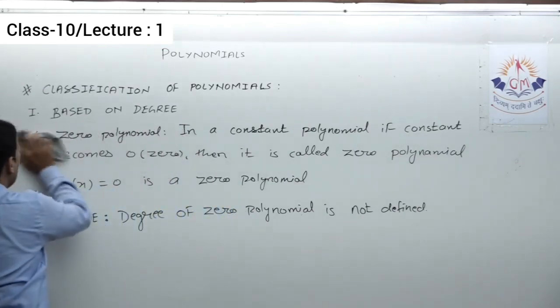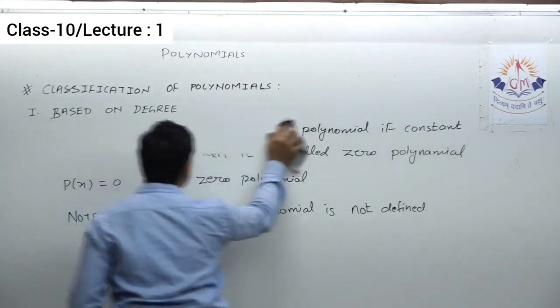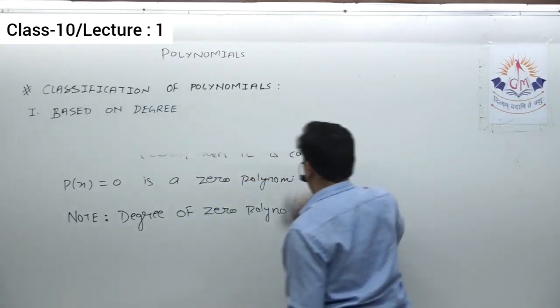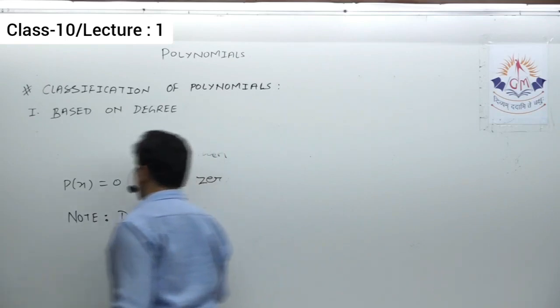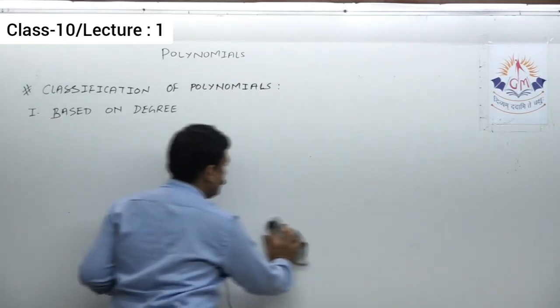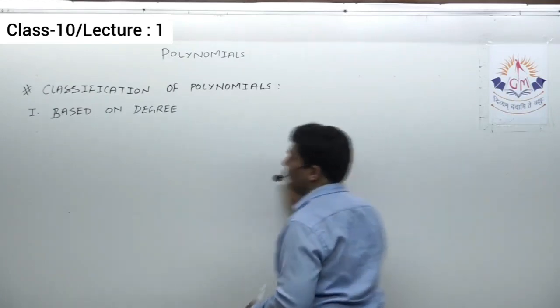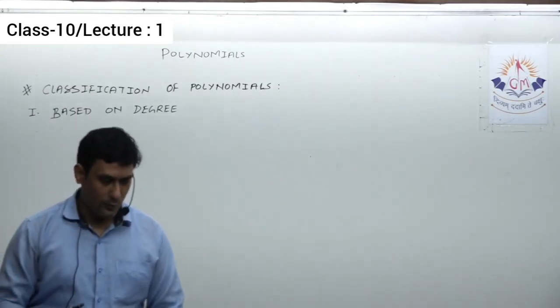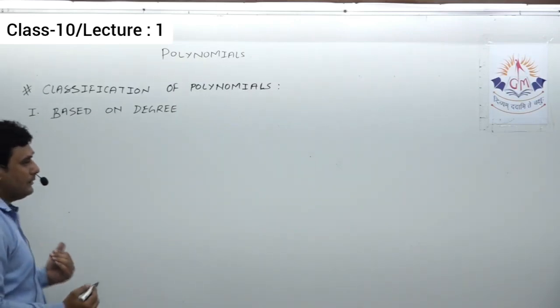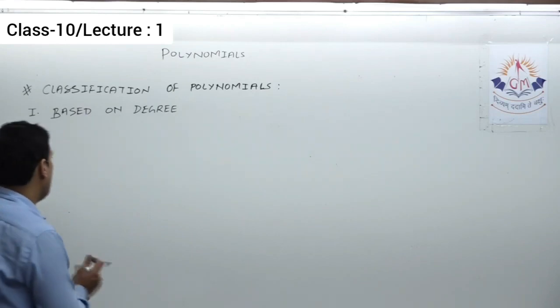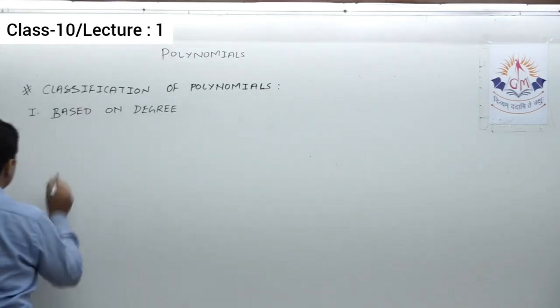Now suppose there are polynomials whose degree is more than 4, that is, suppose the polynomial has degree 5, 6, 7, 8, 9, 10, then do they have some specific names? In general we'll say polynomial of degree 5 or polynomial of degree 6 and so on, but still there are some polynomials up to degree 10 that have specific names.